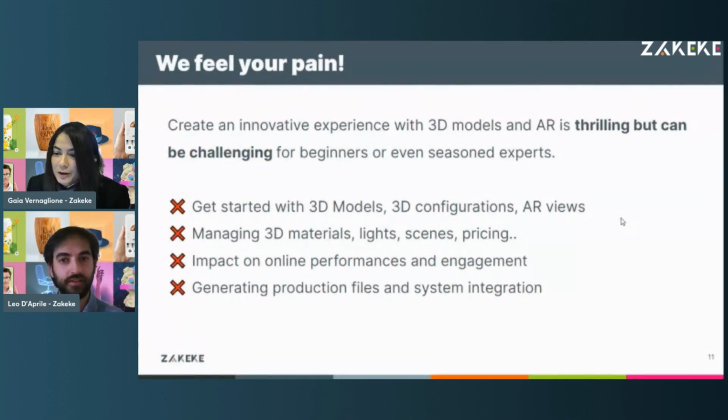True, and not only that. The biggest issue is not really the execution of things, because when you do realize that 3D is not such a weird experience, it's something that you can actually do quicker than you actually think. You get to start, but of course, getting to start is the hard part.